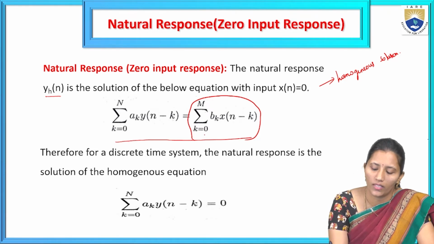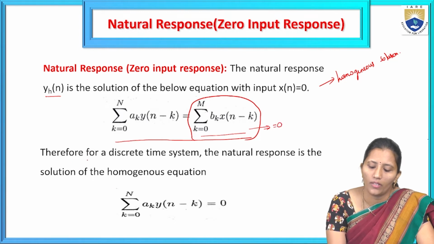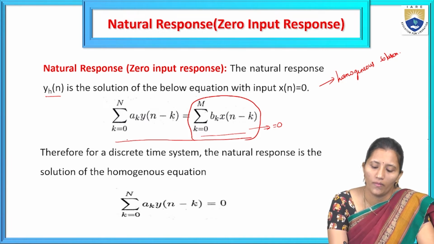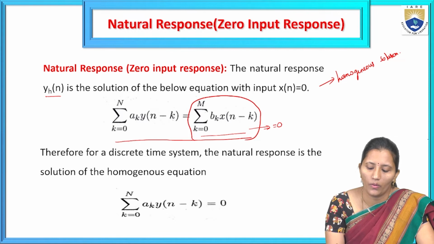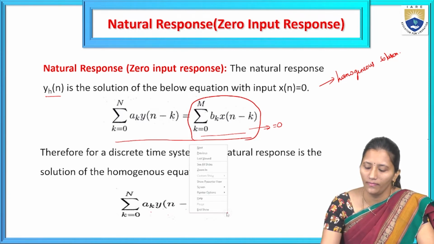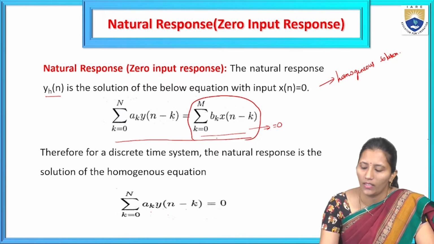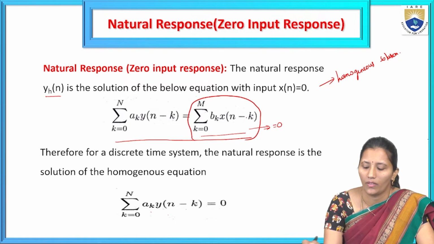Therefore the discrete system's natural response is the solution of the homogeneous equation. So here we have only sigma k equal to 0 to N a_k y of n minus k equal to 0. Because it is a zero input response, we make the input terms equal to 0. So that's why the term sigma k equal to 0 to M b_k x of n minus k is equal to 0.